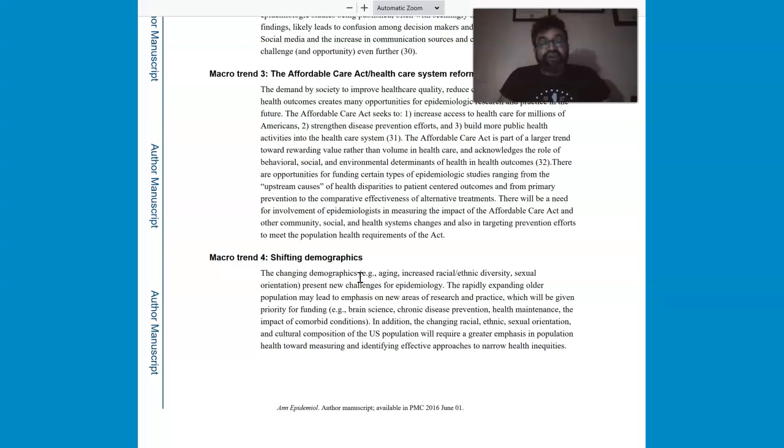And that will require epidemiologists to provide greater emphasis in population health, identifying, measuring, proposing effective approaches to narrow down these health inequities. This is what we need.